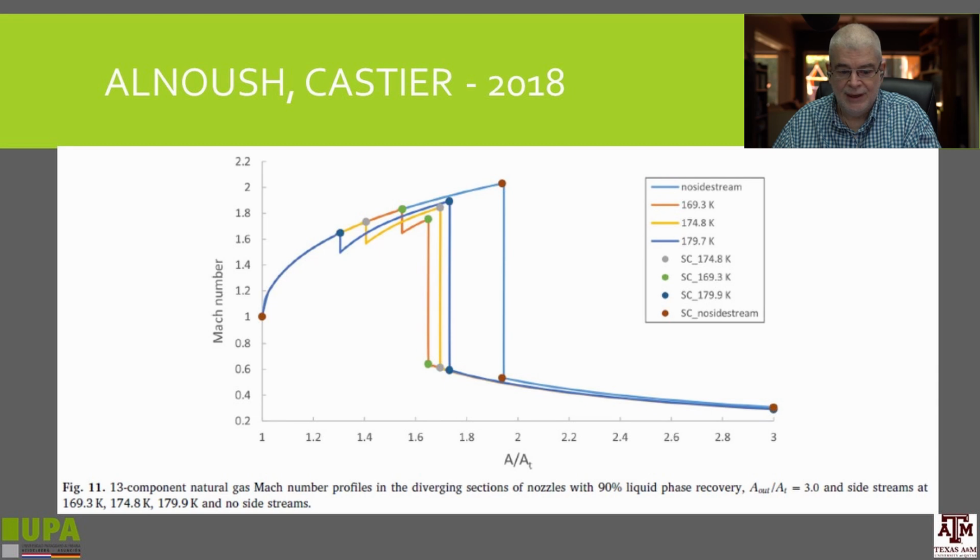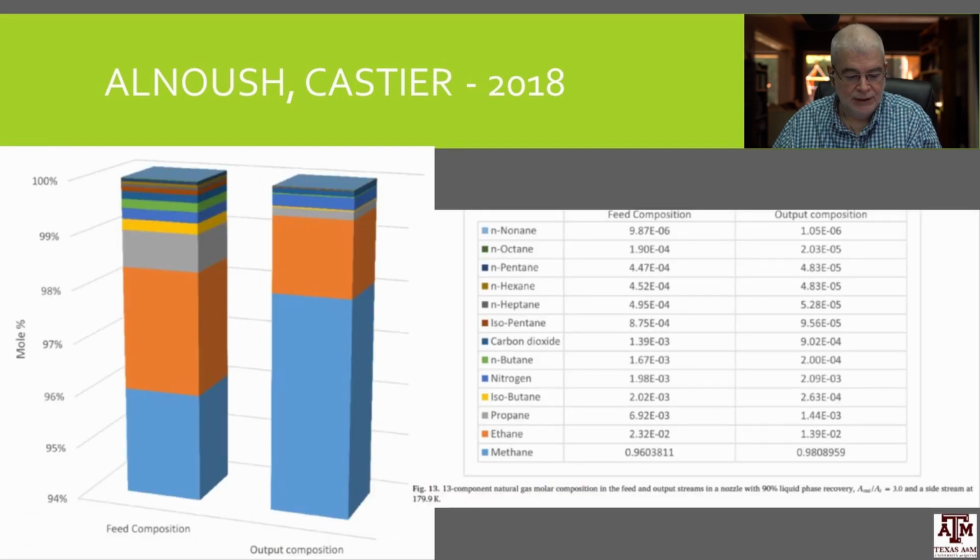Just examples of this is Mach number, speed of sound inside. So the fluid velocity divided by the sound velocity at each given position. And here, just a composition, how the composition changes between the feed and the gas that comes out for a given situation.